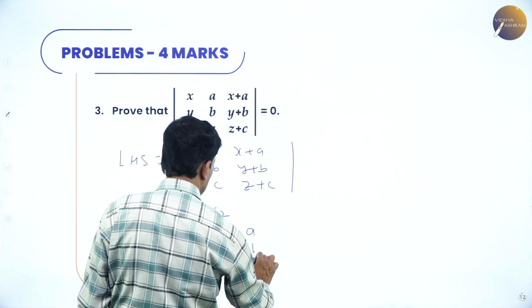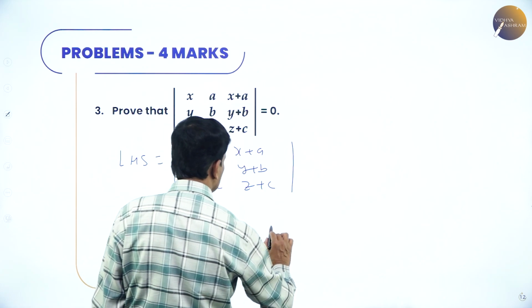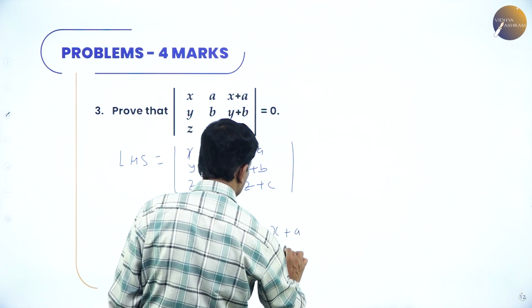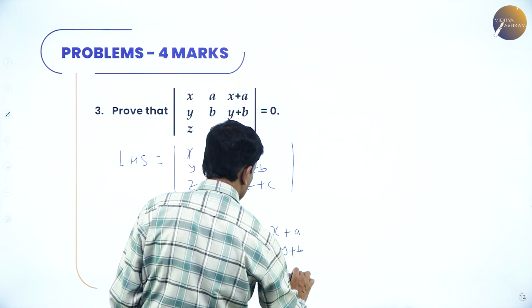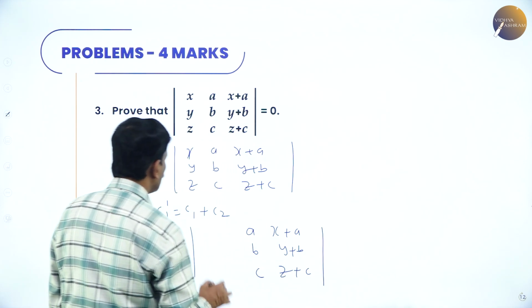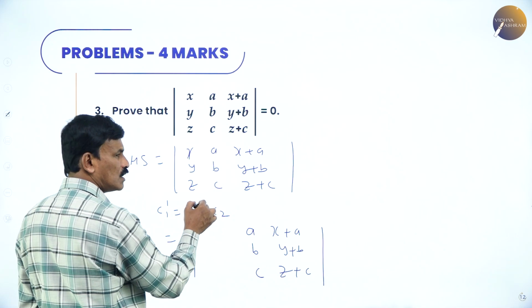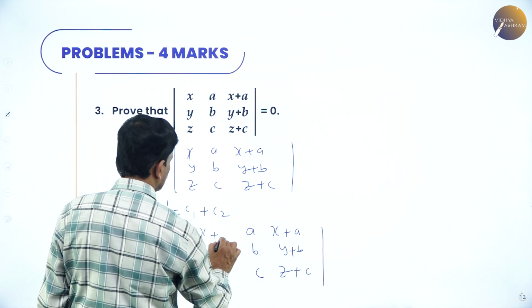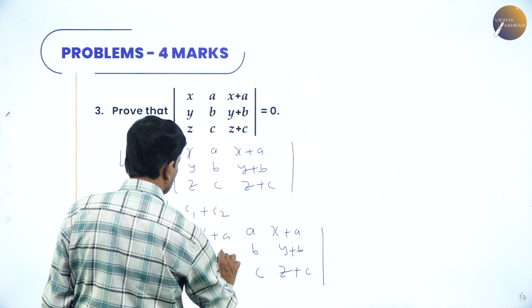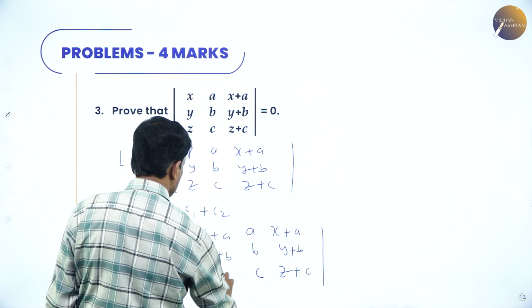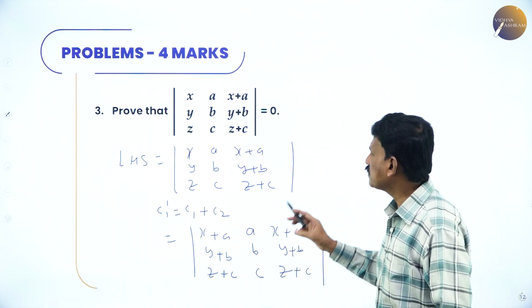The second column a, b, c is the same, and the third column x plus a, y plus b, z plus c is also the same. Now, add these two, x first elements. So, in column number 1, x plus a, then y plus b, then z plus c. Just a very simple step.